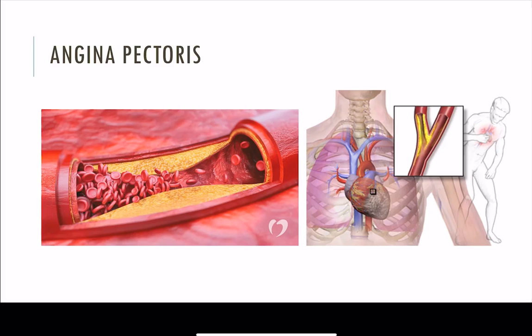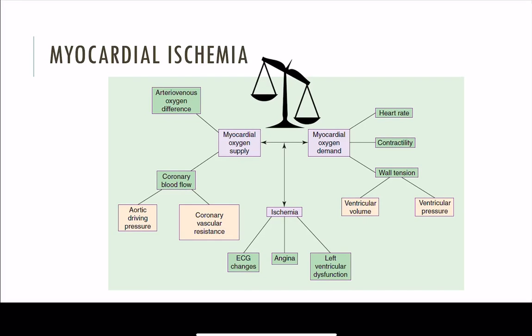Okay, so she's got the risk factors, she's got the symptoms. Let's look a little bit more about this myocardial ischemia and how it can happen. So we know what can be causing the restriction in blood flow. Now, why do we end up with supply and demand mismatch? Well, we're going to see an increase in demand whenever the heart is working harder. So when we increase heart rate, when we're squeezing it harder.